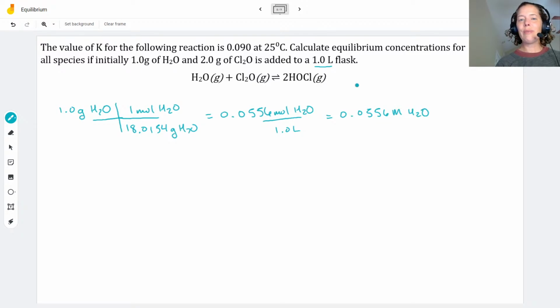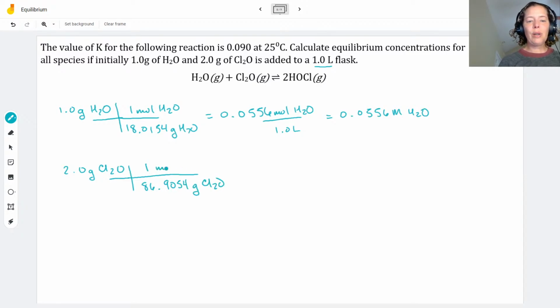Okay, so that's water. Let's do the same thing for our Cl2O. This is 2 grams Cl2O. I guess that's dichlorine oxide. Okay, molar mass here is 86.9054 grams per 1 mole.